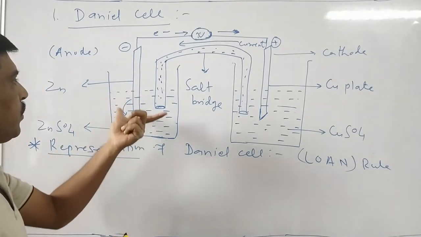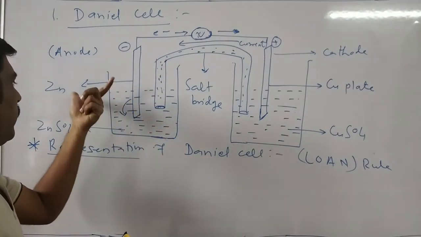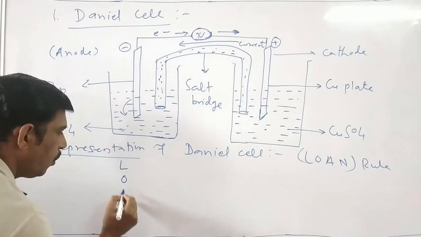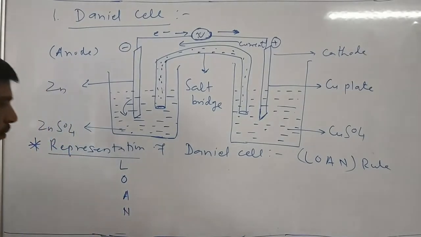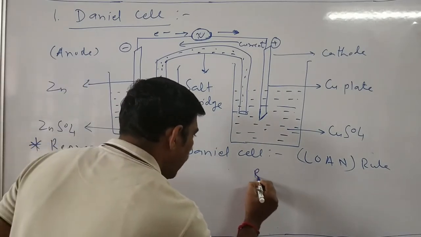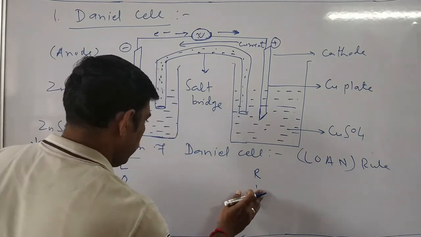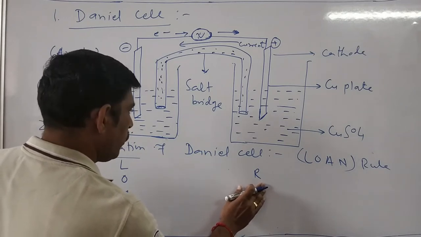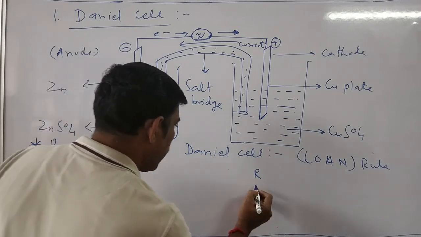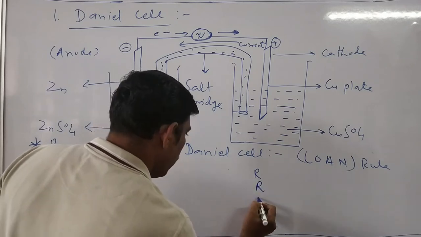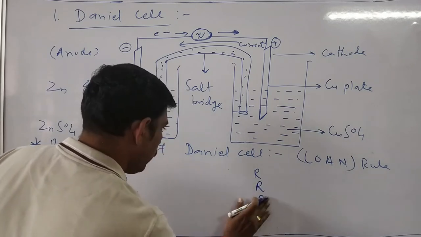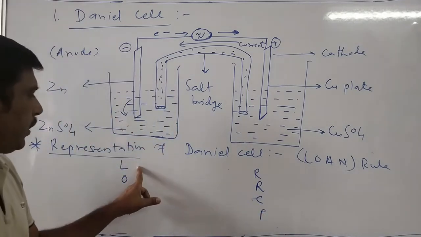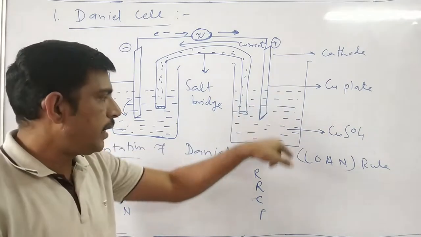In the diagram also, we have taken the zinc electrode to the left side. So L O A N, and then R, R, C and P. L for left side, R for right side.